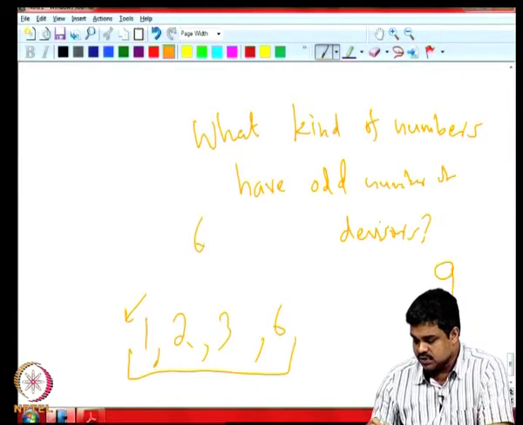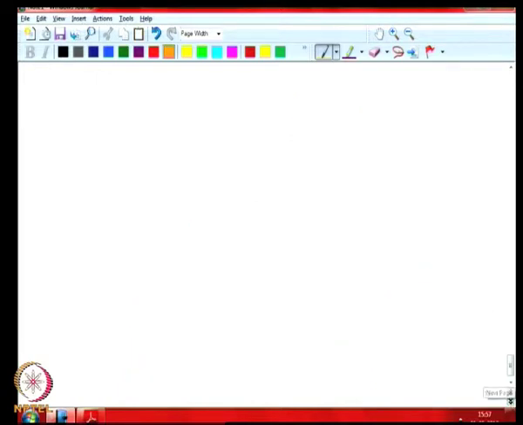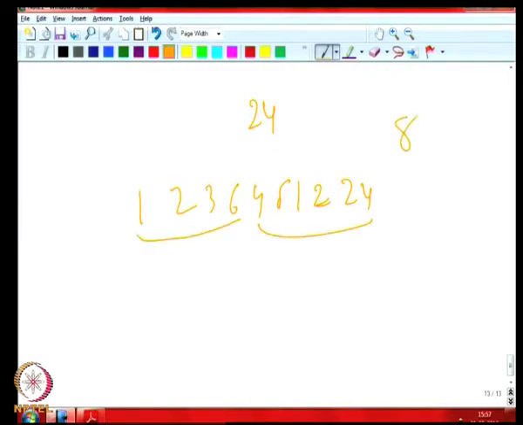But on the other hand, if you consider 9, it has 1, 9, 3, 3 divisors, an odd number of divisors, right. Similarly, if you take 24, you have 1, 24, 2, 12, 3, 8, 6, 4, that is 4 plus 4, 8 divisors, right.